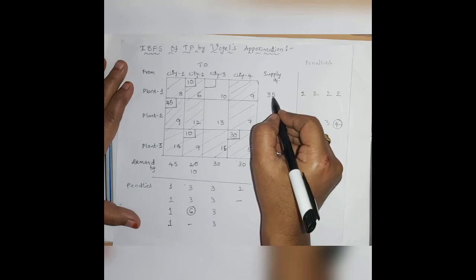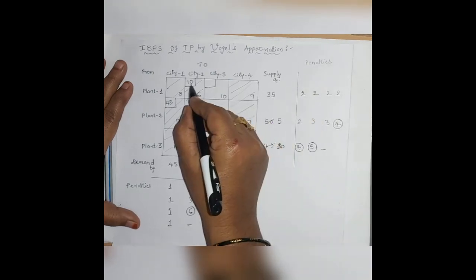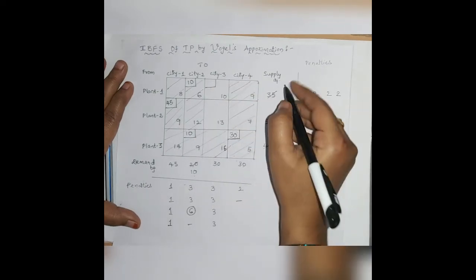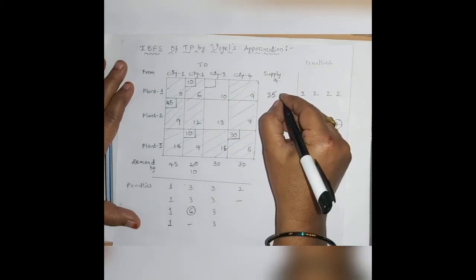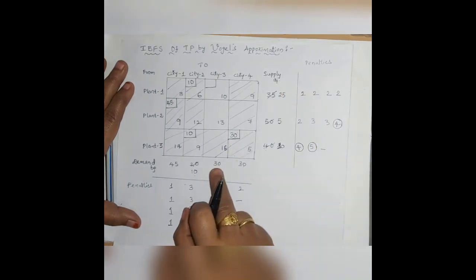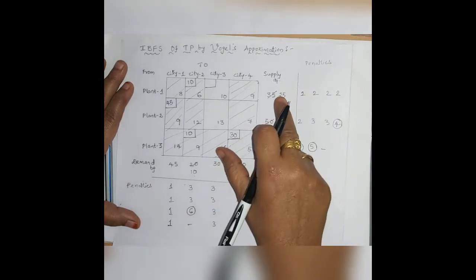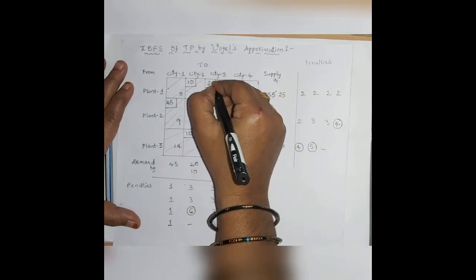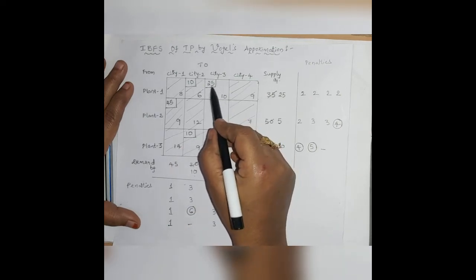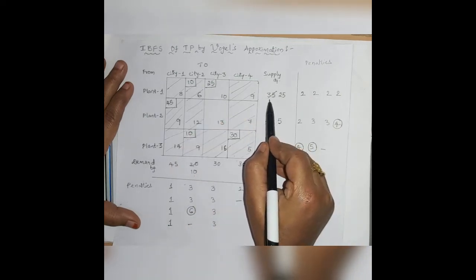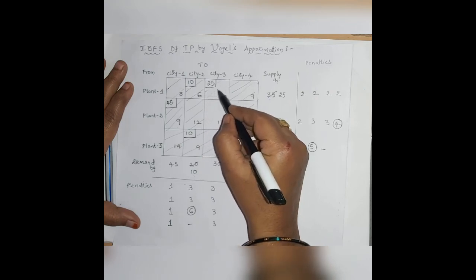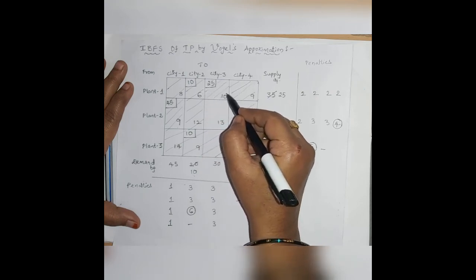So out of the supply of 35 units, you can see that the 10 units are being allotted to city 2. So the remaining supply of the plant 1 is 25. So out of 25 and 30, the minimum is 25. So allot 25 here, right? So you can see that 25 plus 10, which is 35, the total supply of the plant 1 is exhausted. So cross off this cell.